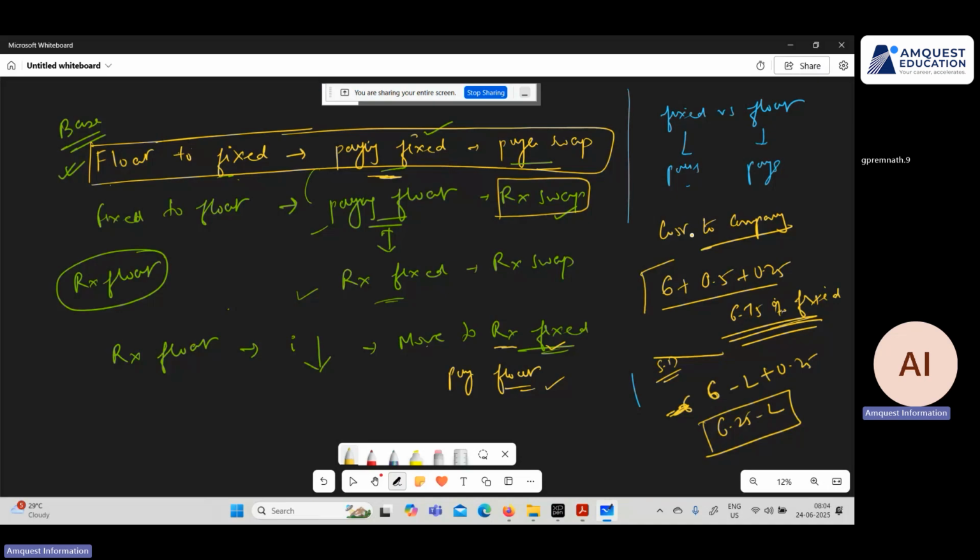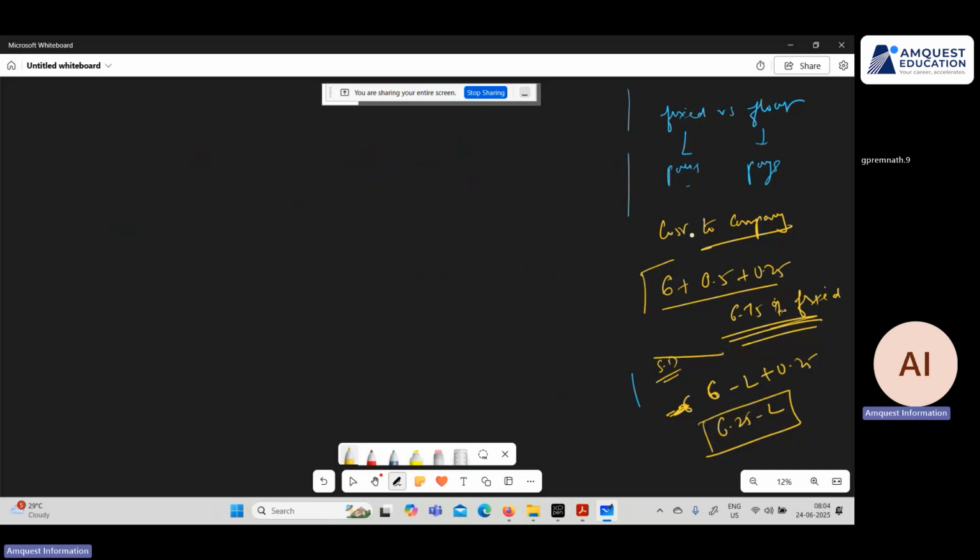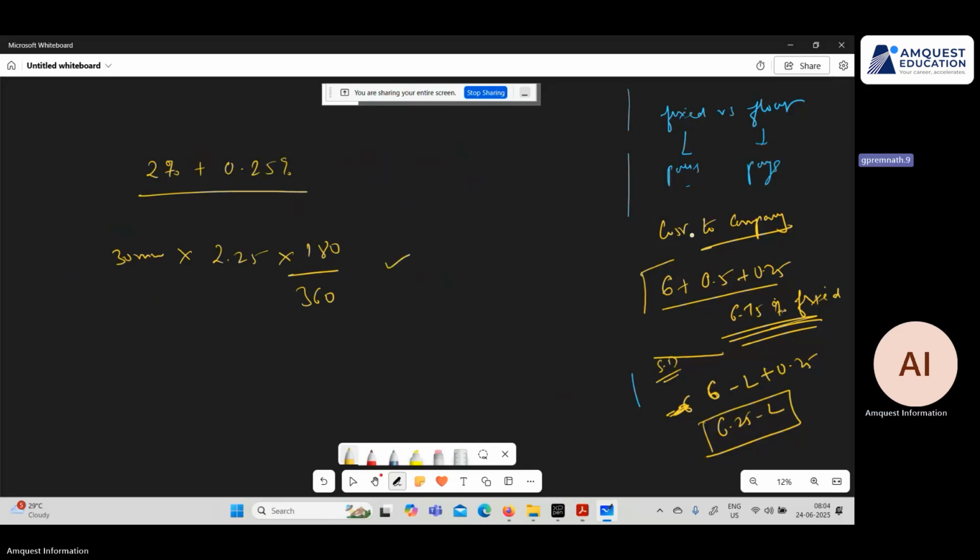I just want to see the calculation. But your calculation is right, that he will end up paying 2% plus 0.25%, which is 2.25% on 30 million and on a semi-annual payment. No matter where the market moves, the company will always pay this.